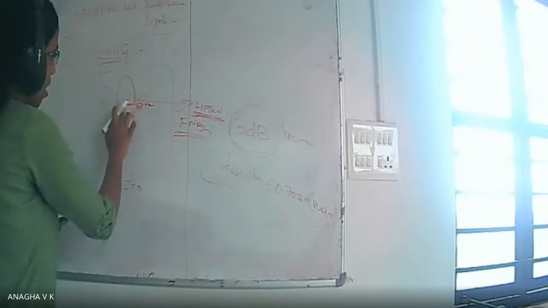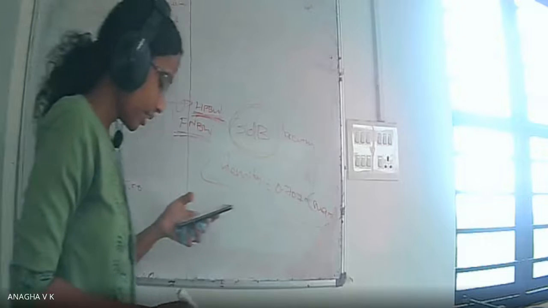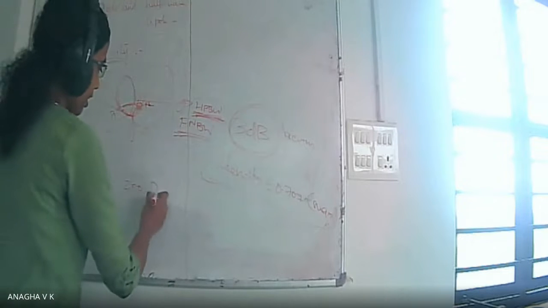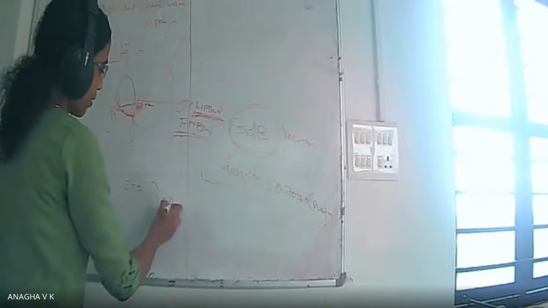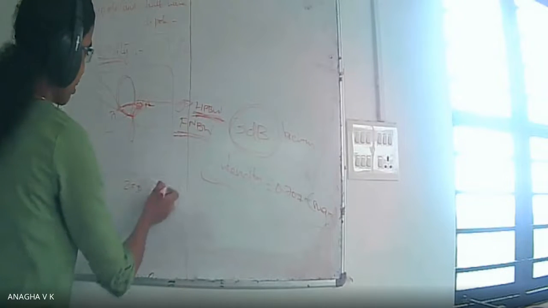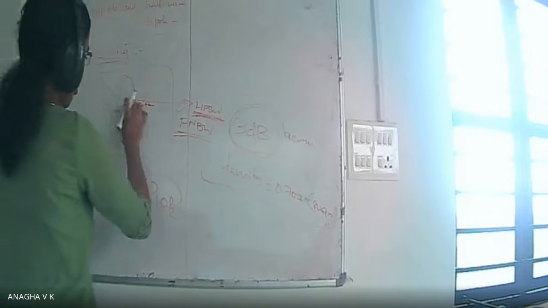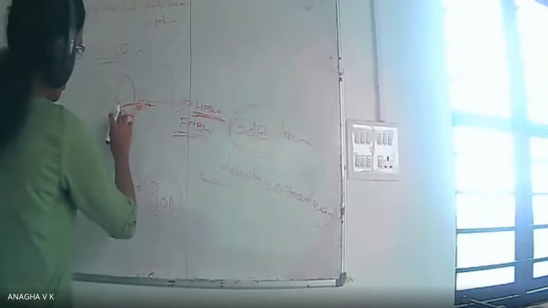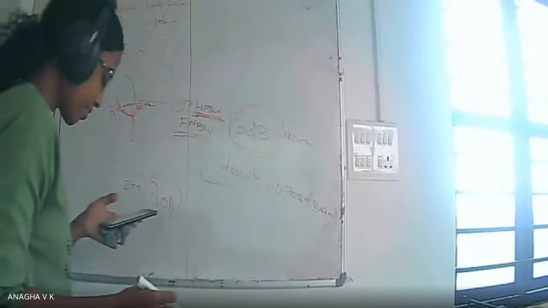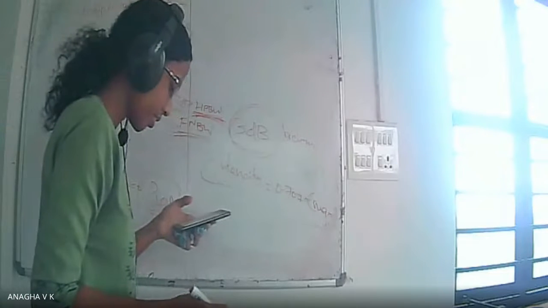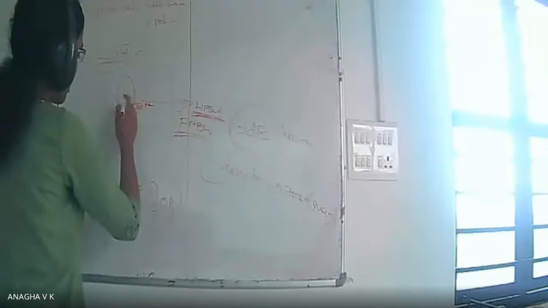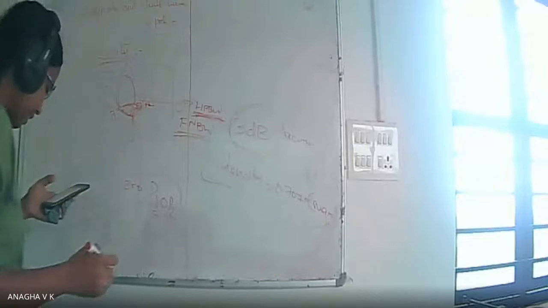Then the angle P1 to P2, the angle formed by the separation between P1 and P2, is the beamwidth of the antenna.